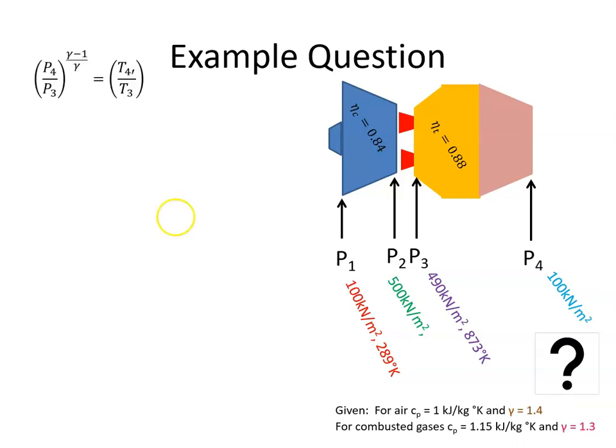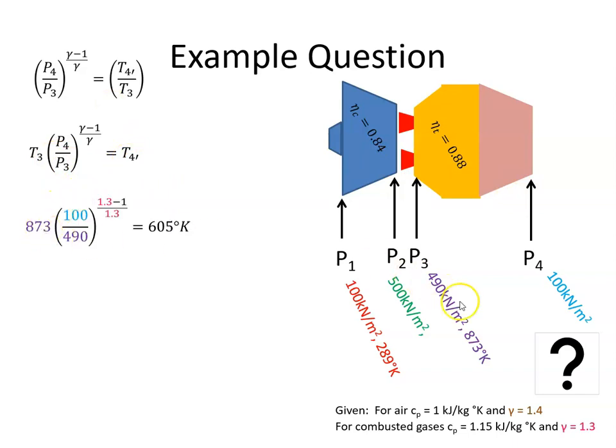So the second part, we're going to rearrange this equation to get the temperature at the outlet, the ideal temperature. So we'll just plug in the values here. So we have 873 here. The pressure out here was 100 kilonewtons, and the pressure here is 490. So the input to the turbine nozzle is 490 kilonewtons.